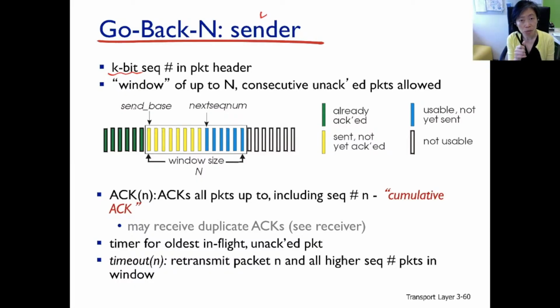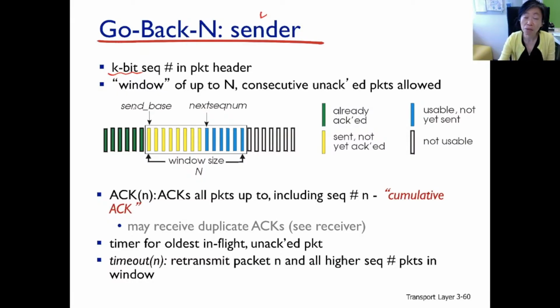And in that case, we just need a 1-bit sequence number to tell the old packet and the new packet apart. But now Go-Back-N being a pipelined RDT, we allow multiple packets to be in transit without being acknowledged. So your intuition should also tell you that you need a higher number of sequence numbers to tell all these in-flight packets apart.